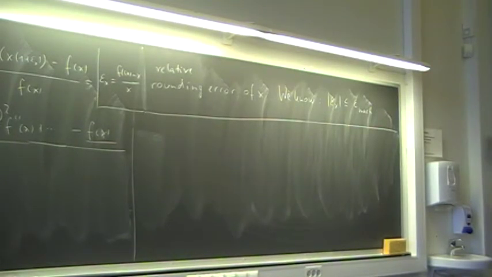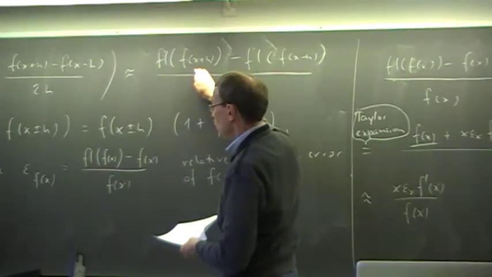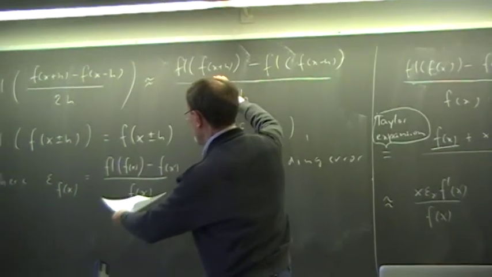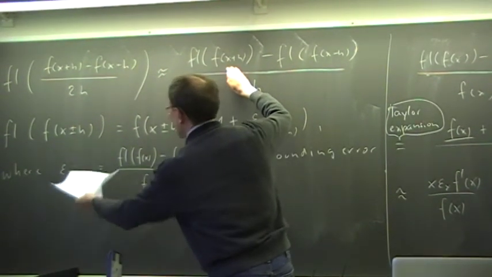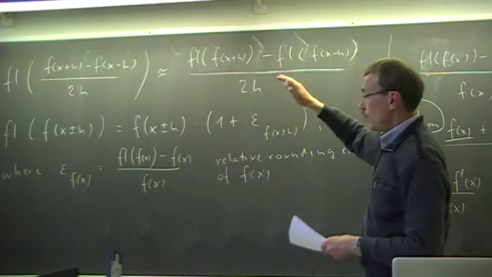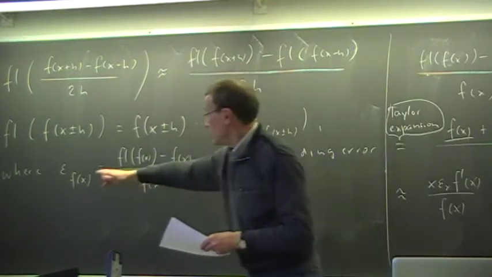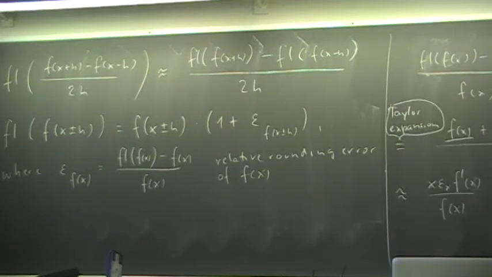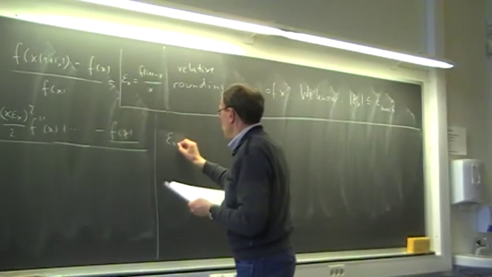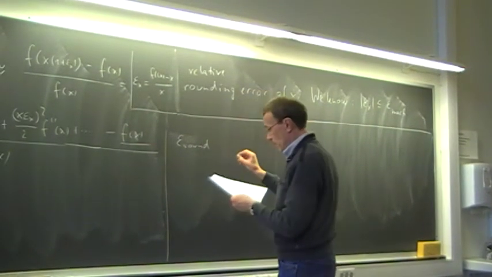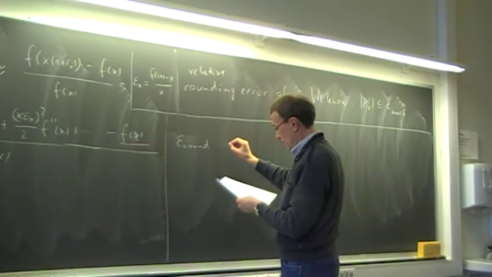So you see, when we want to know that, then we can represent that with the exact f of x plus h times one plus the relative error. So this is now what we are going to do. We are looking at the rounding error of our finite difference approximation.